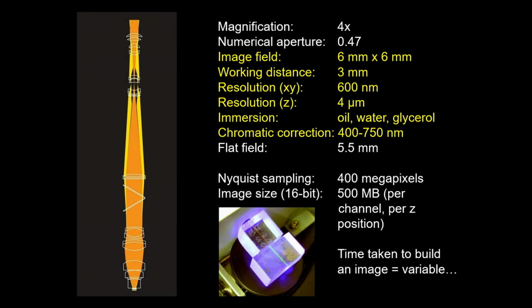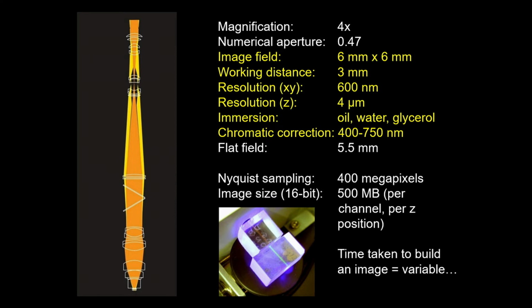Because we have more resolution units per unit area than most conventional lenses, we end up with a lot of data. So if we assume Nyquist sampling, naturally, each two-dimensional image is roughly about half a gigabyte, and then you put in a couple of colours, so you're at 1.5 gigabytes, and then you think about the volumetric imaging.